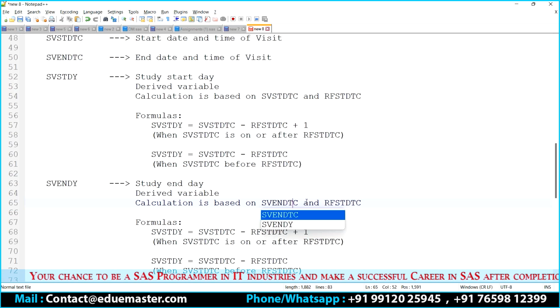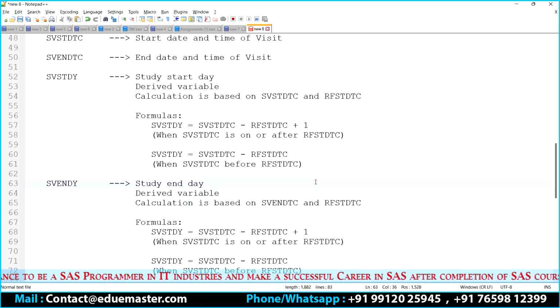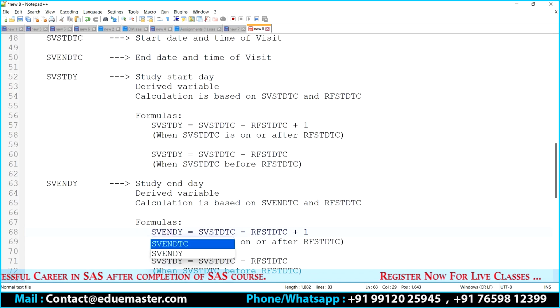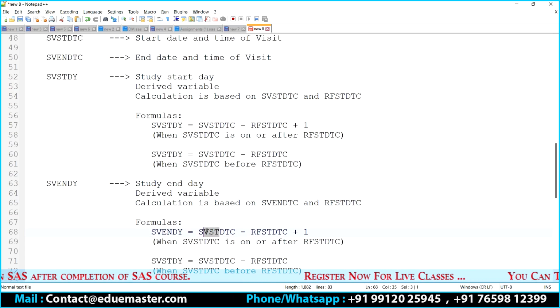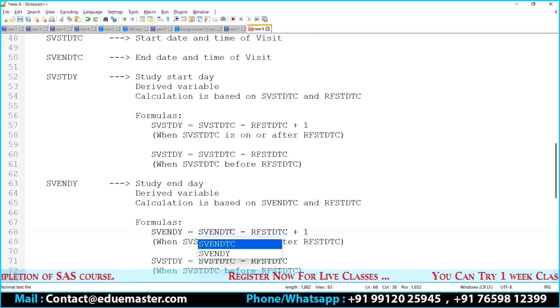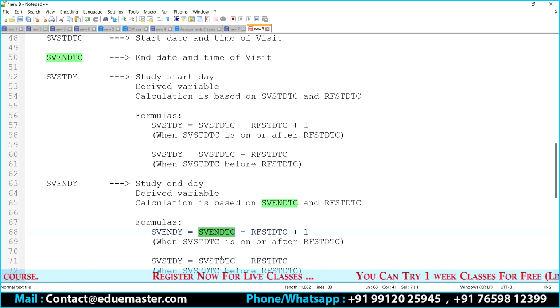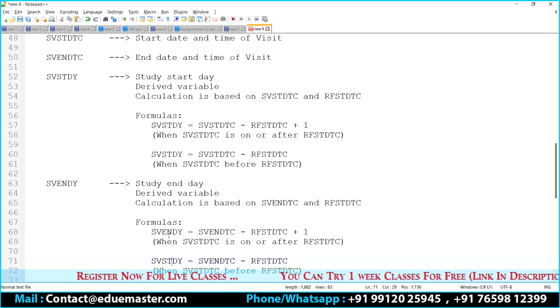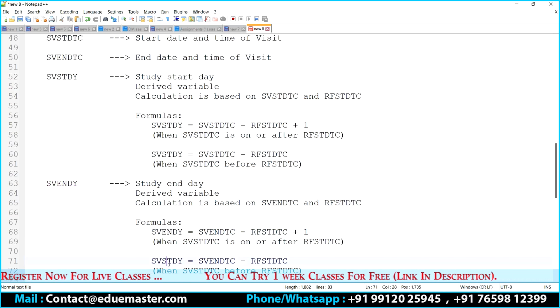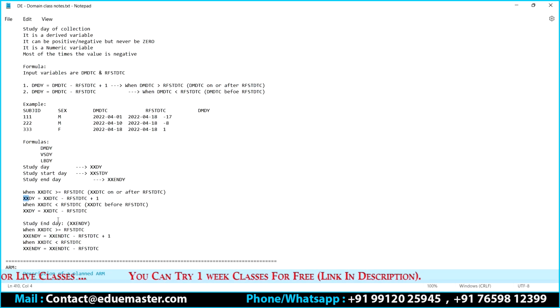Correct? SVENDTC. Right? Again, the formulas are going to be the same. If it is on or after, then my SVENDTY is equal to this, I'll replace STT with EN. That's it. Rest all going to be the same. No changes at all. Correct? Remember, in the DM domain also we discussed the same.